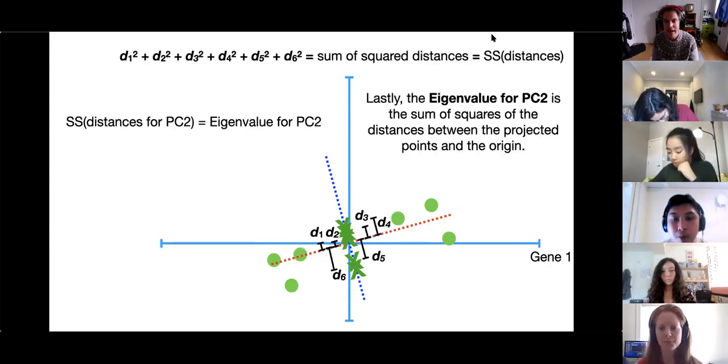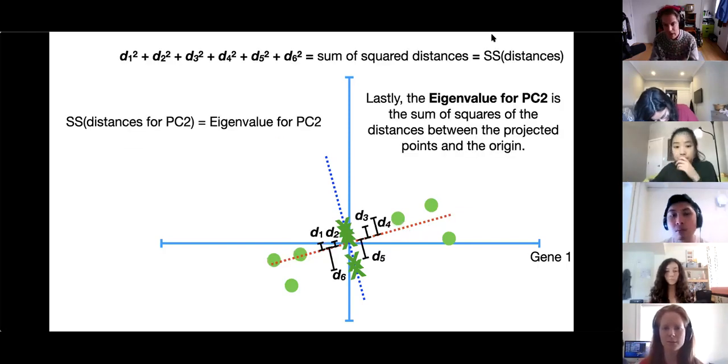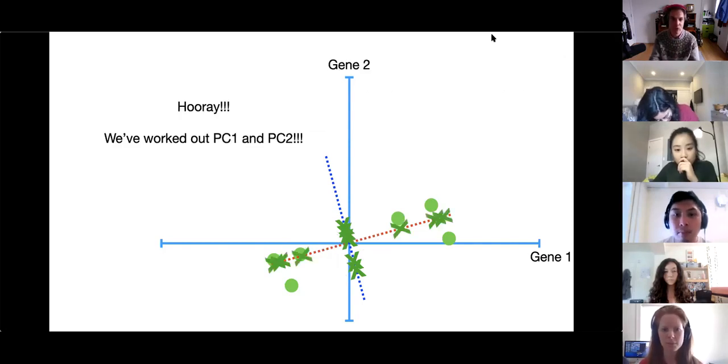Lastly, the eigenvalue for PC2 is the sum of the squares of the distances between the projected points and the origin, and the singular value is then the square root of that eigenvalue. So hooray, we've worked out PC1 and PC2.